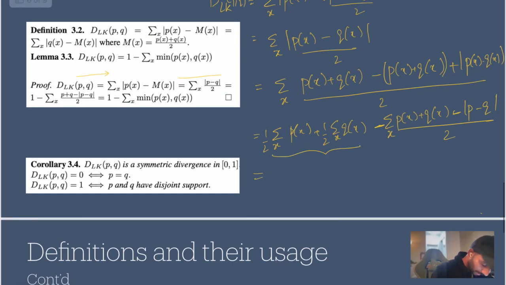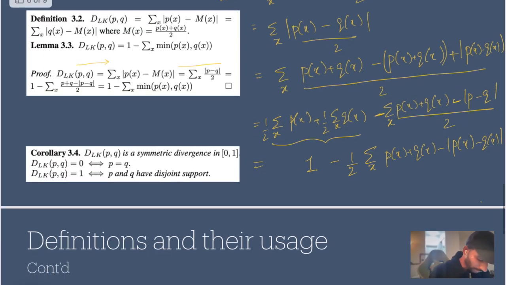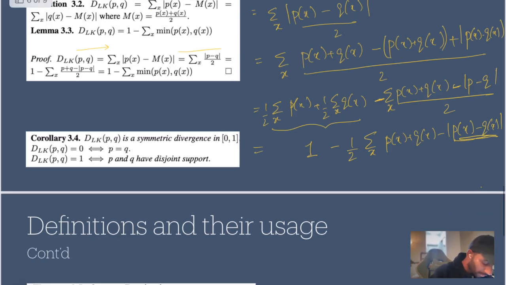And we see that this term becomes 1, so 1 minus half of sigma x (P(x) plus Q(x)) minus this value here, right? And really when P(x) is greater than Q(x), then this comes out of the absolute value as is, and the resulting term is going to be 2Q(x).